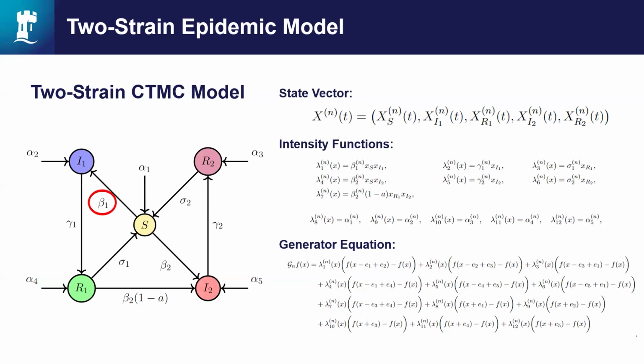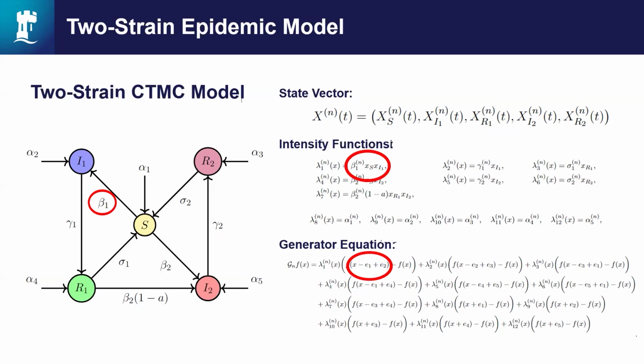So again, if I look at my beta 1, so how we're getting infected with this first strain, that's just one of the intensity functions there, which is essentially, in this case, the probability of that infection occurring. Okay, and all of it is encoded in this big, horrible generator equation. So we've got that minus E1 and that plus E2.